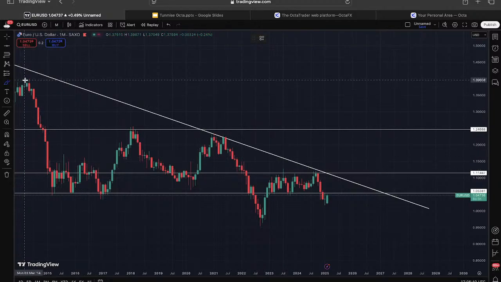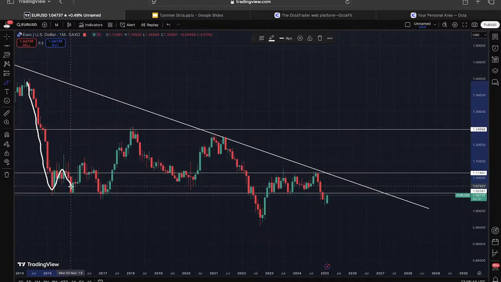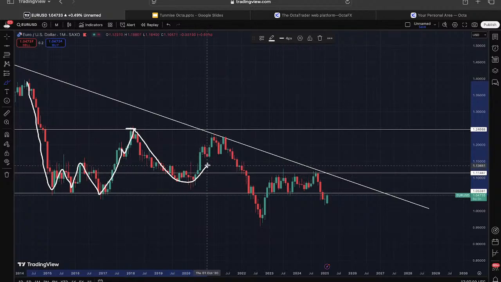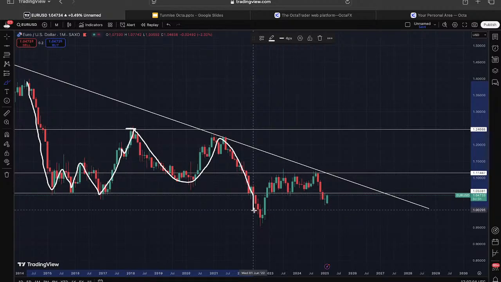So let's watch how price moved from here down to this level, then ranged around this level, then broke out of the resistance zone. Okay, came to this other resistance zone, was rejected, went down to retest this resistance zone, pulled back up, went down again, broke through the resistance zone, broke through the support zone, right?